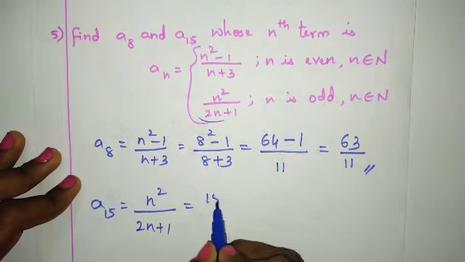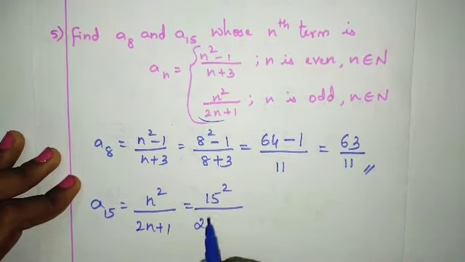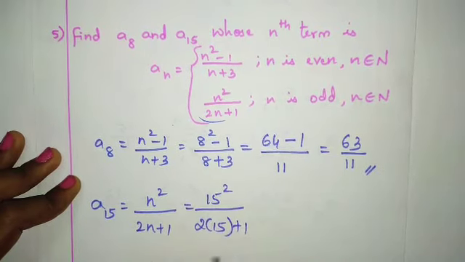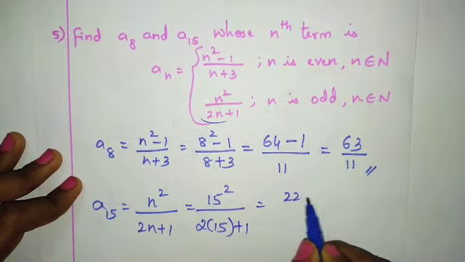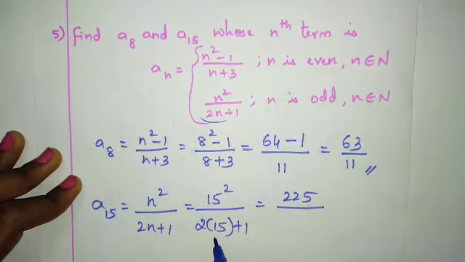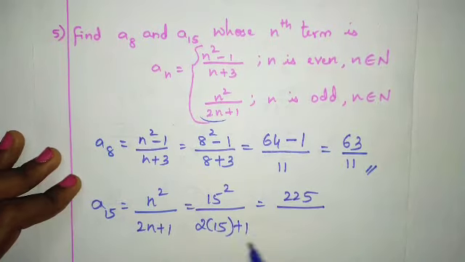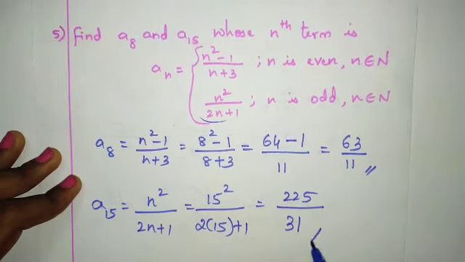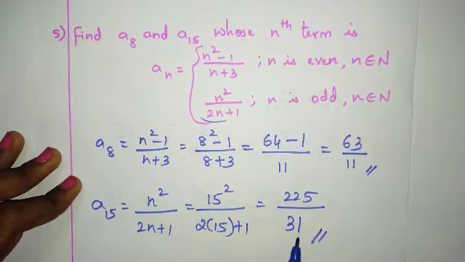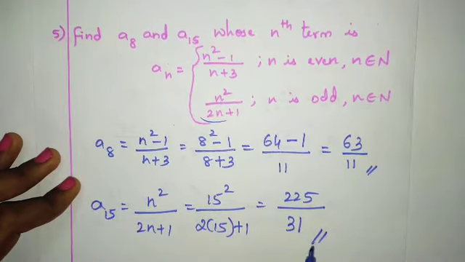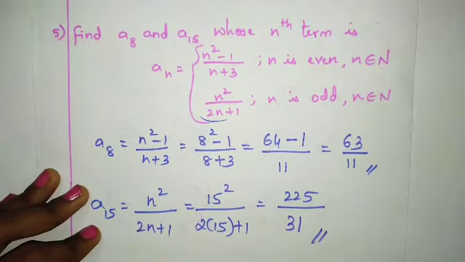That is 15 square divided by 2 into 15 plus 1. 15 square is 225, 2 into 15 is 30, 30 plus 1 is 31. So a15 is 225 divided by 31. Got it? So now we'll see the next sum.